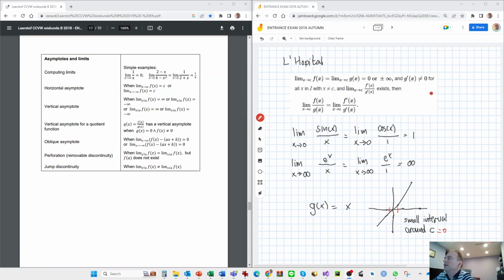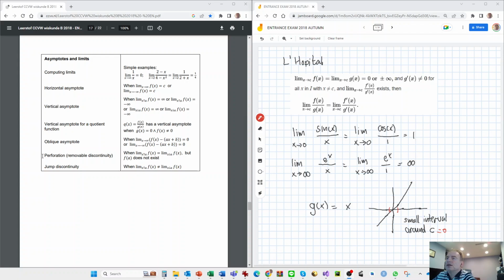Basically it says that the derivative of g has to be non-zero in an interval around the point, although it can be 0 at the point itself. But for example, in these cases where g of x is just x, that's easy to show.